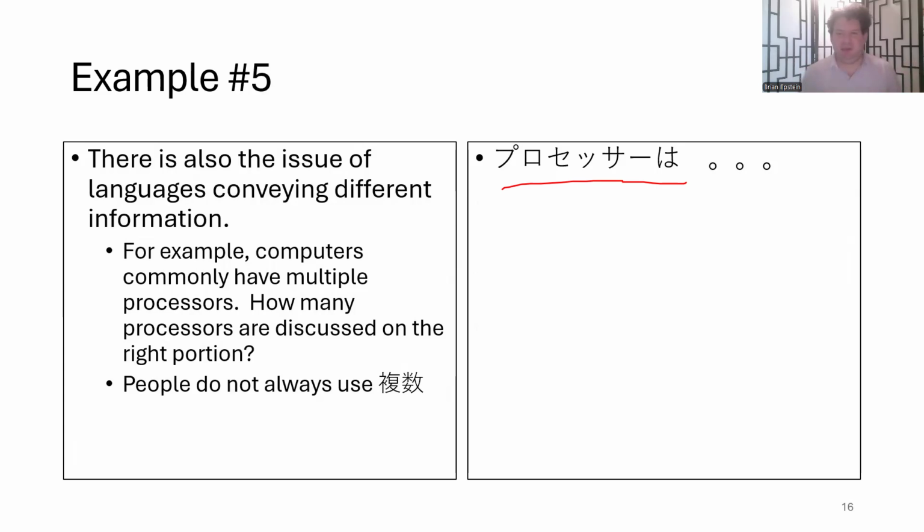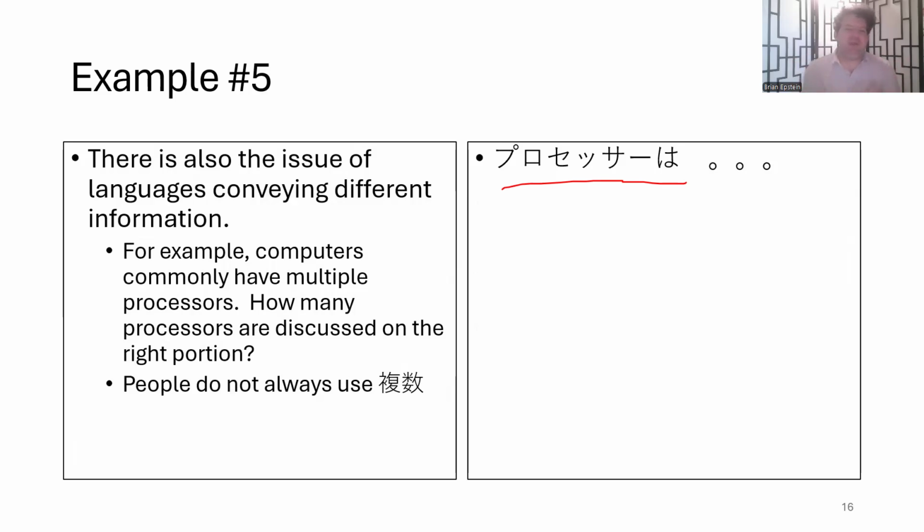So I gave this seminar once, and my colleague said, "Oh, Brian, we can say fukusu no processor," and yeah, you could say processor-tachi, but people don't always do that, right? Especially native speakers. I don't speak English perfectly. I speak it natively. Native speakers don't speak their language according to a textbook.